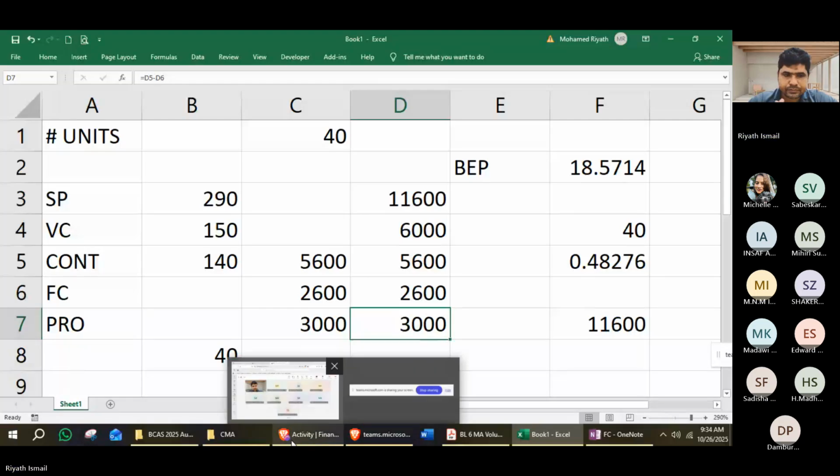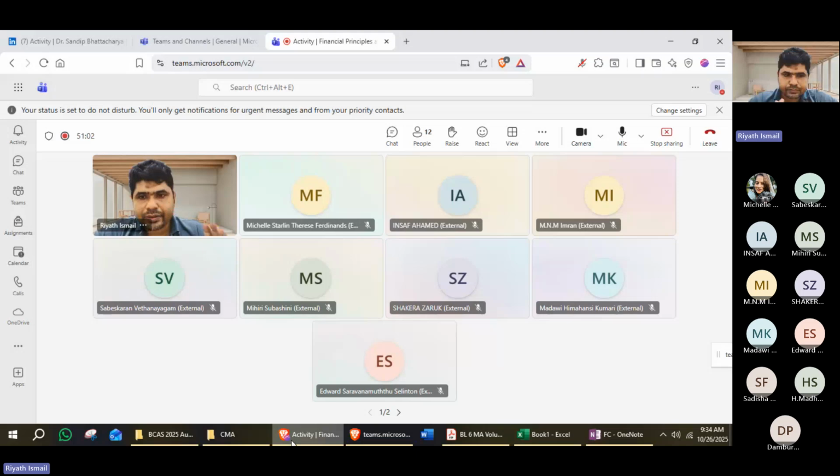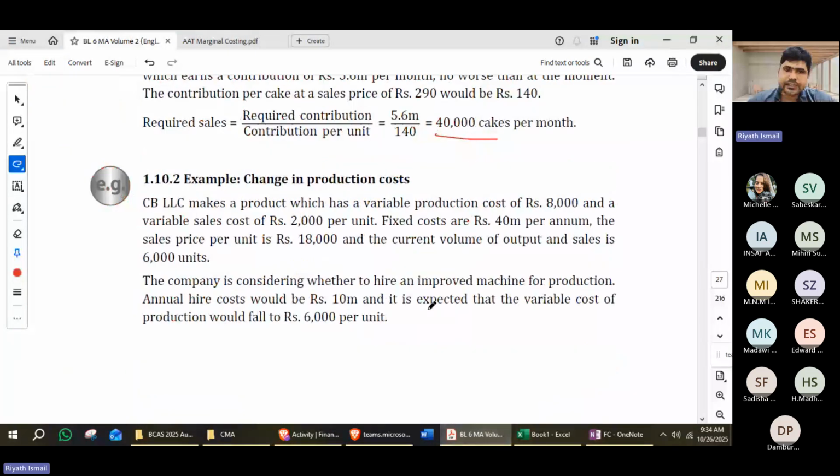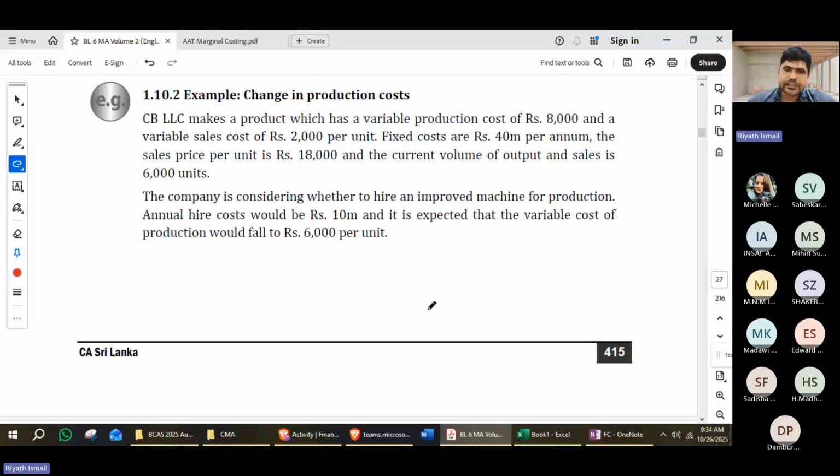So now we look at the changes in the selling price, and there are a lot of changes in the variable cost, material price, fixed cost, and so on. Changes in production cost.